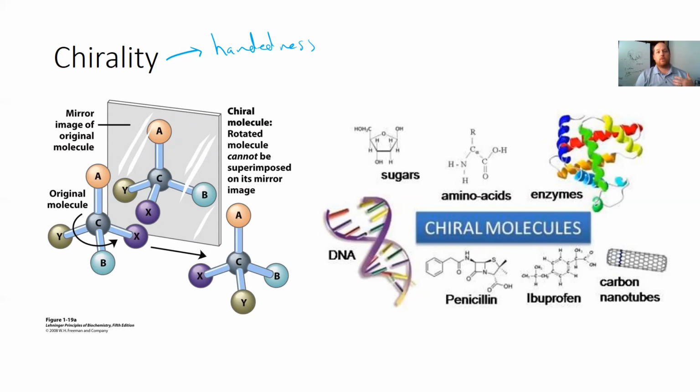Now, when you have molecules with a central atom that's bonded to 4 surrounding atoms in a tetrahedral structure, for example, and all 4 of those surrounding atoms are different, they have chirality, they're chiral molecules.